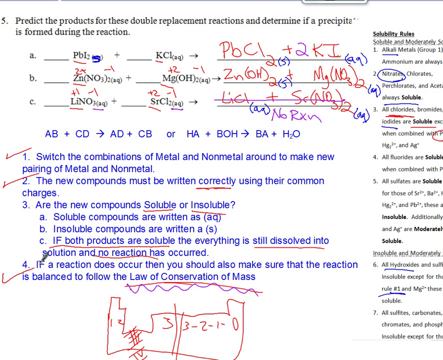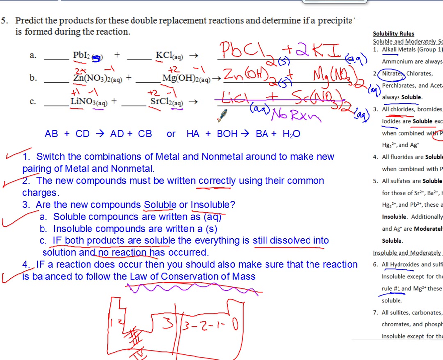Just like the single displacement reactions, these questions, had we had time, would have been open-ended. Meaning I would just have given you the reactants and the product side would be blank. But given the time crunch, we're going to cut this down and turn this into a multiple choice style question where I give you 4 different versions of these products.